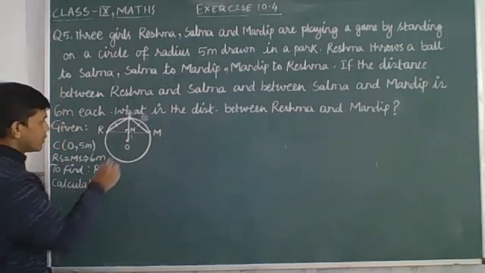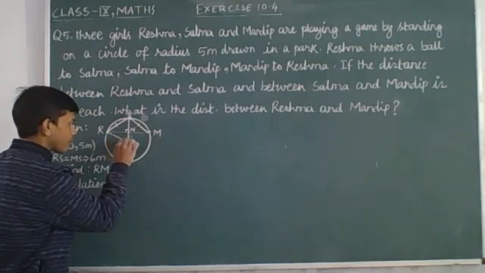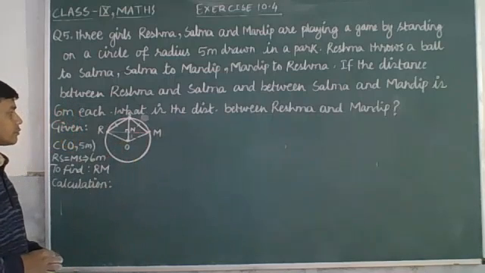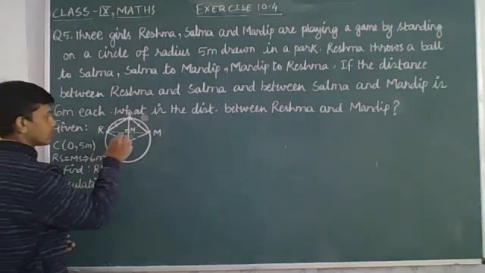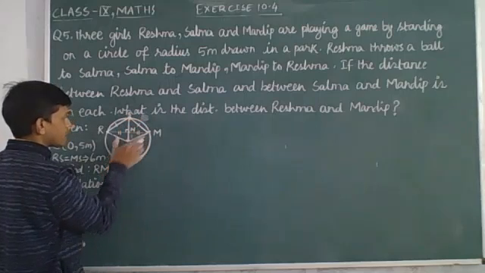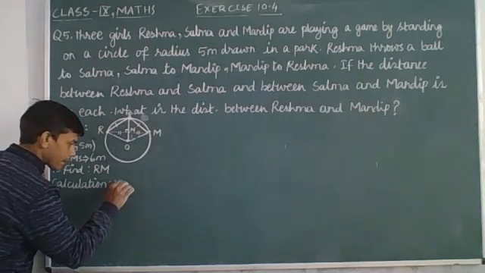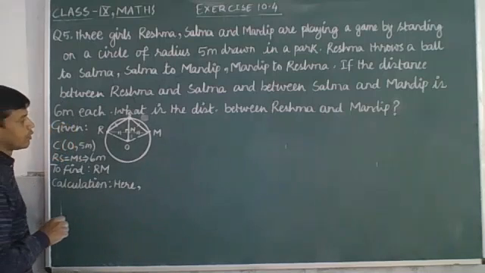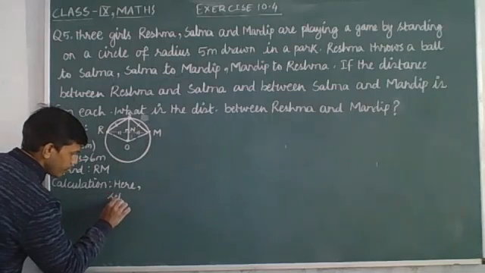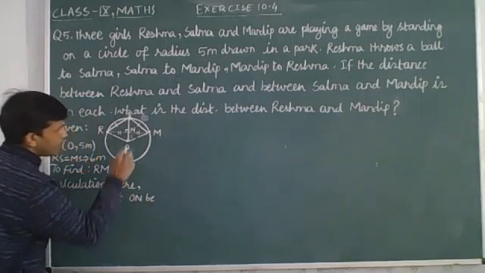After this, we join center O to the extremes of RM. And this SN is the perpendicular bisector of RM. So here let ON be x.